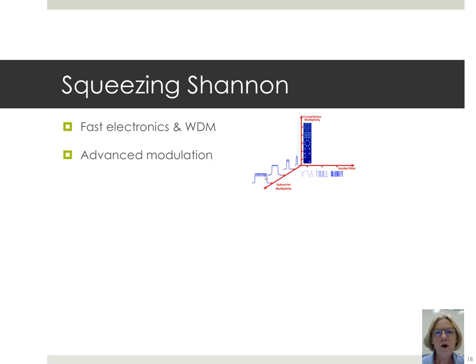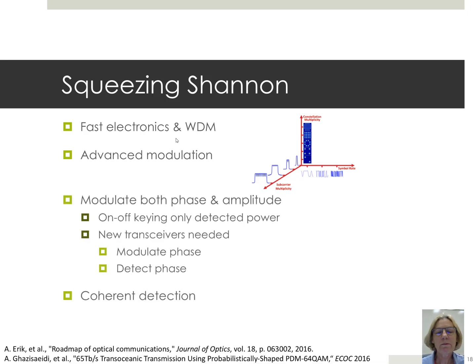Then if we want to go farther and try to reach Shannon's limit, we have to introduce what's called advanced modulation. And that's shown as another axis here on where we're trying to go to push our performance. What we mean by advanced modulation is that we will modulate both the phase and the amplitude of the light.